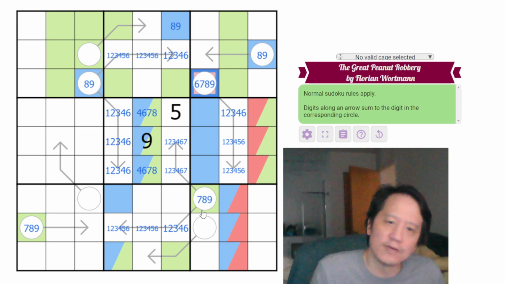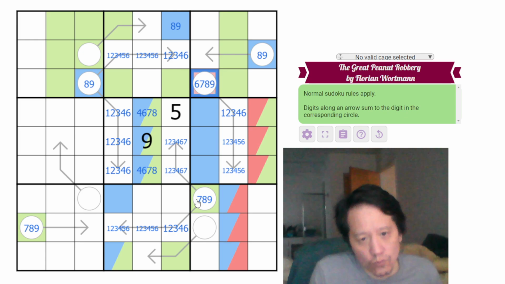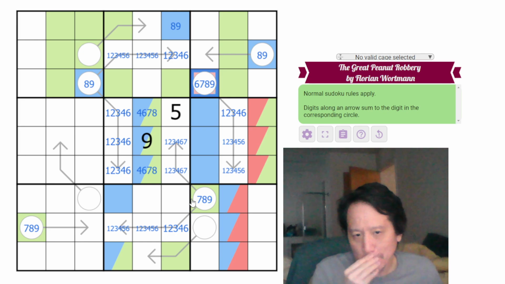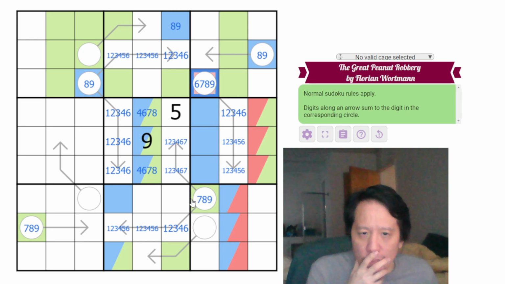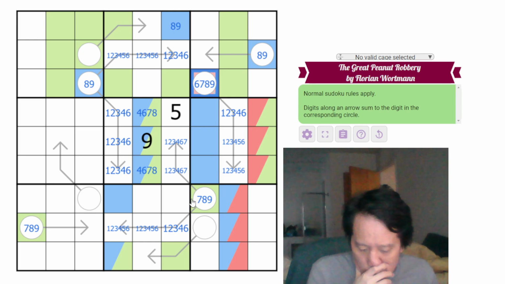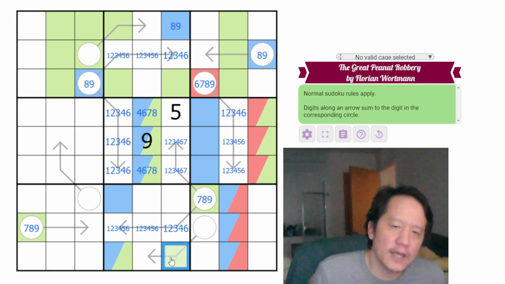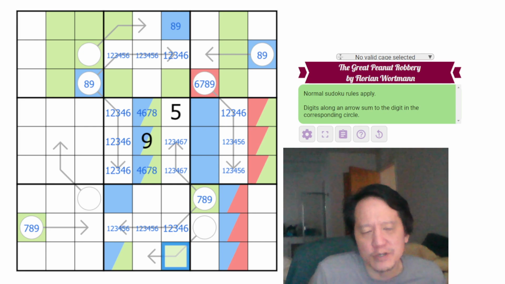We don't know anything about it. Can this actually be green?